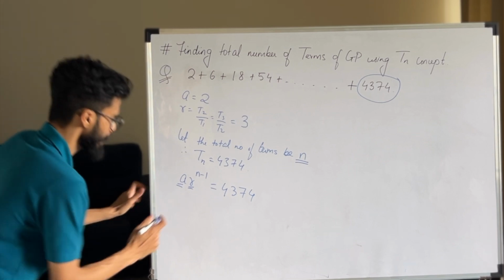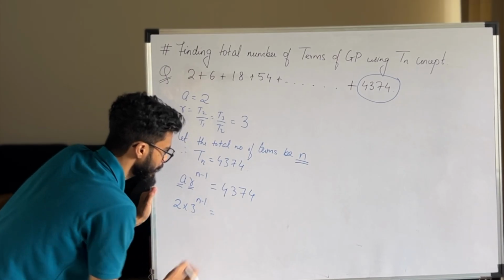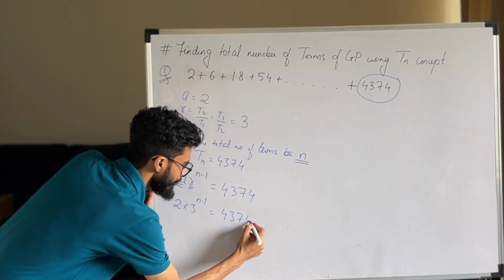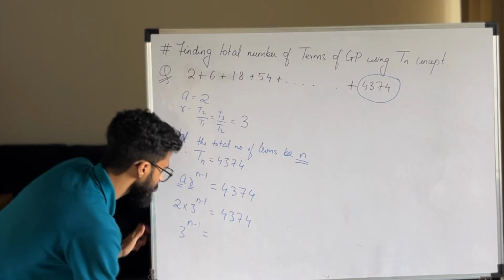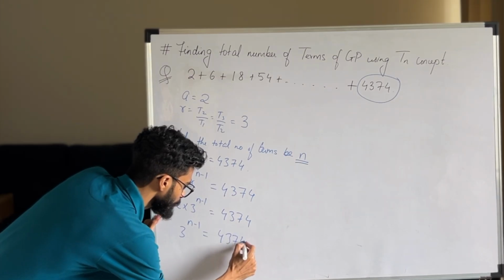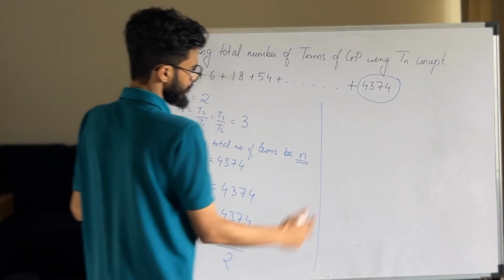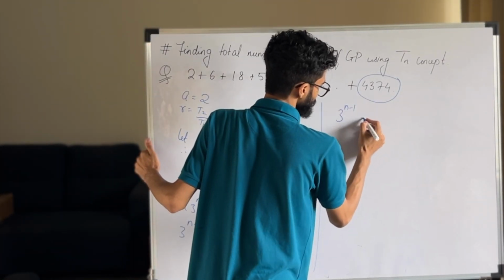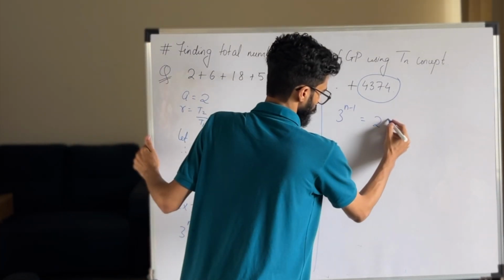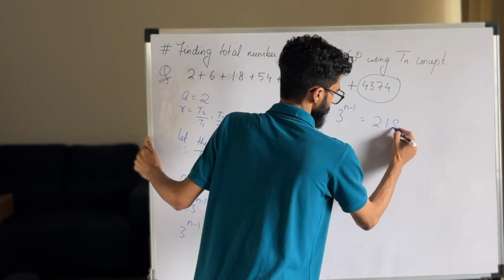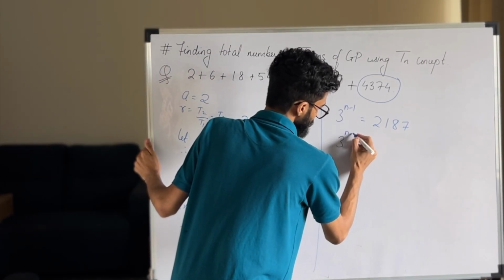So let's solve this. A is 2, R is 3 raised to n minus 1 equal to 4374. If I send 2 there, 3 raised to n minus 1 is 4374 upon 2. Now, if I solve this, 3 raised to n minus 1 will be 2187.